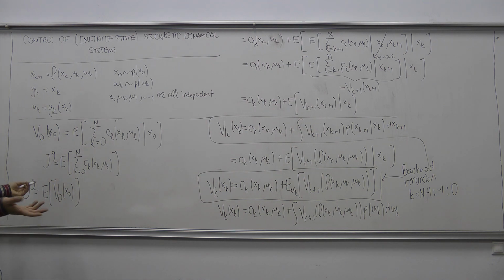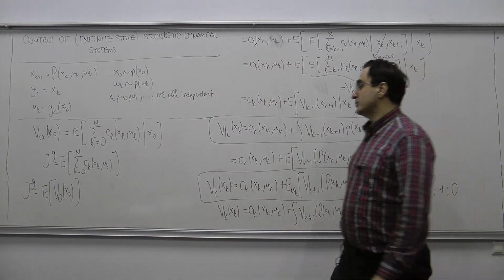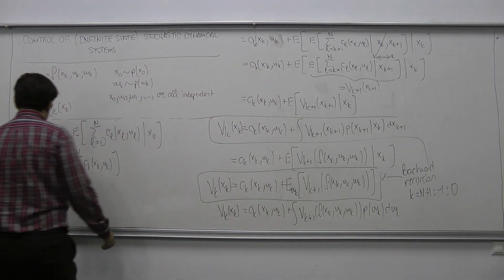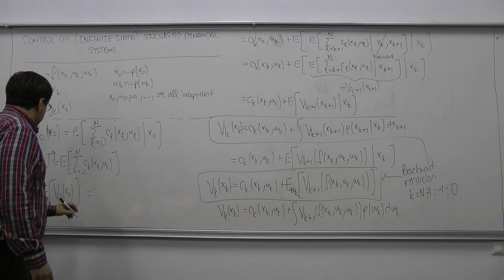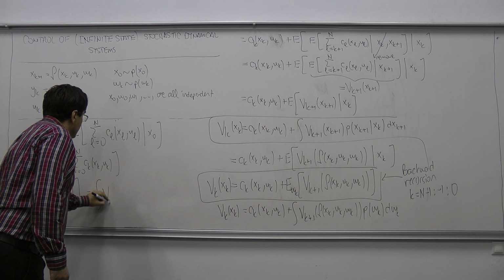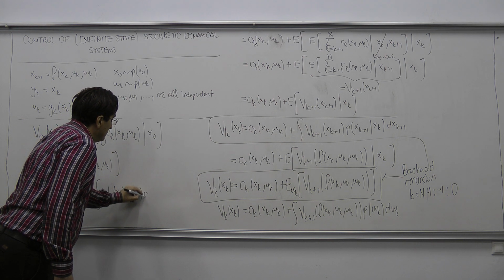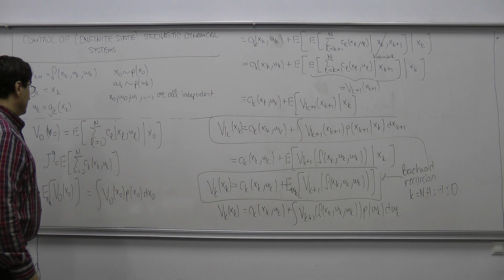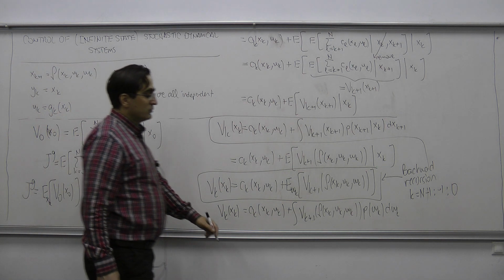Okay? And what is this expectation with respect to? It is with respect to just x0. And what is this expectation? It is the integral of V0 of x0 times p of x0 dx0. This is the integral form of the expectation operation, and this is the final cost calculation.